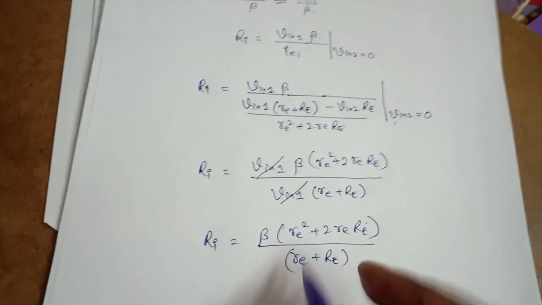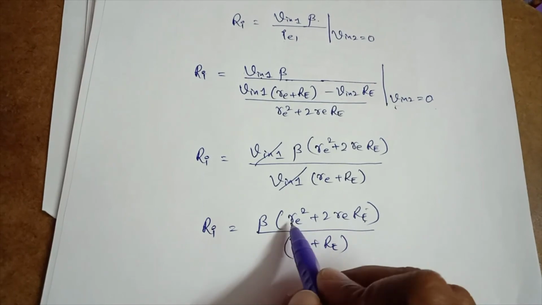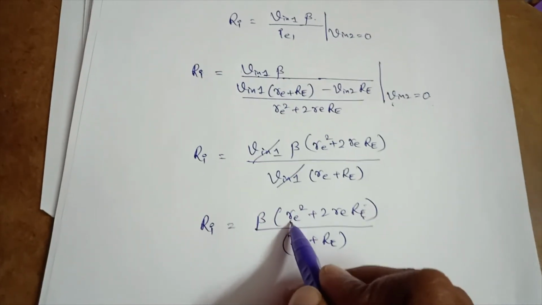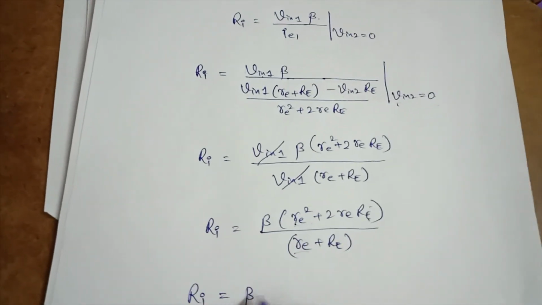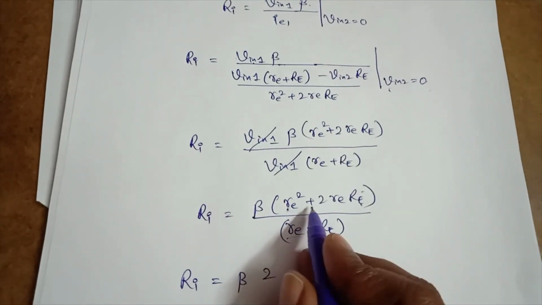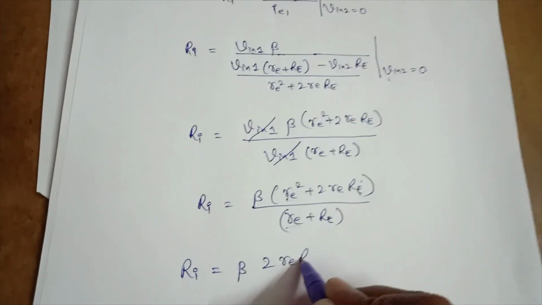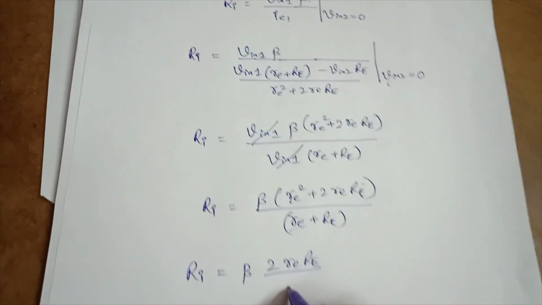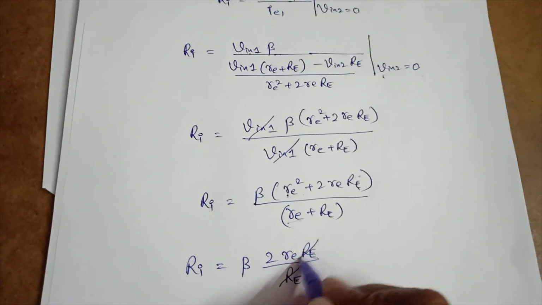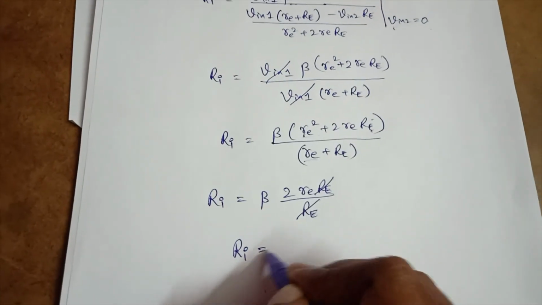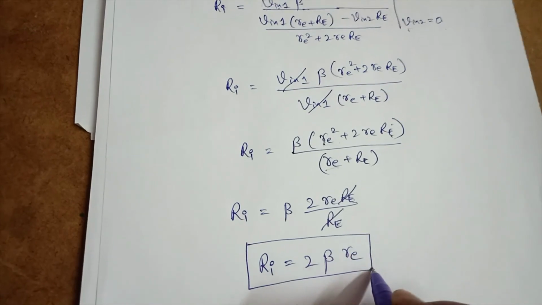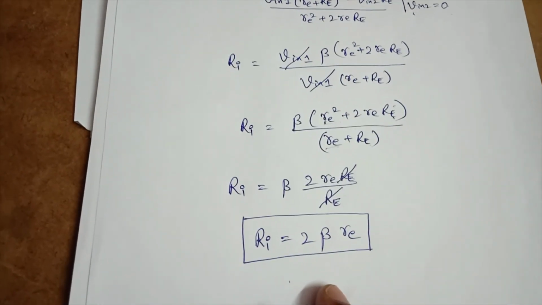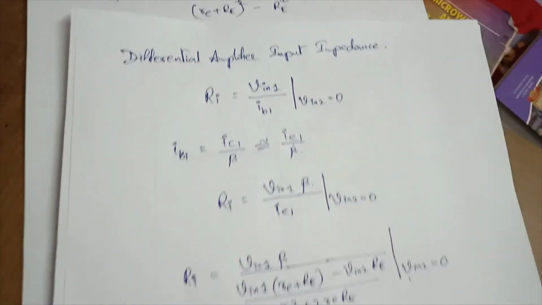But again here RE is very small compared to capital RE. RE square is very small compared to RE. So we are neglecting RE square, small RE. Then the equation becomes RI is equal to beta into, in the numerator we are getting only 2RE capital RE, divided by, in the denominator we are having only RE. So RE gets cancelled. So the input impedance we are getting as 2 beta into RE. So this is the expression for input impedance of the differential amplifier.